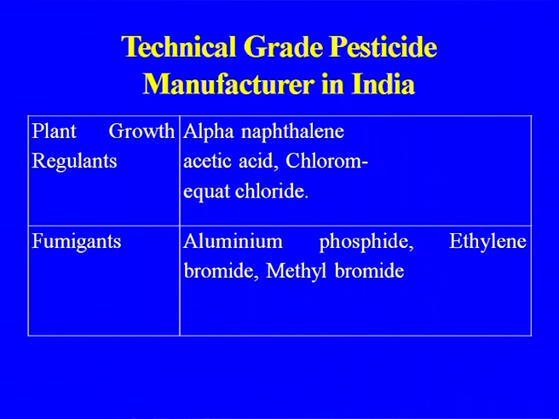Plant growth regulators, because just like we need different types of nutrients, similarly different requirements are also there in case of plant growth regulators. So alpha-naphthalene, acetic acid, chloromaquate chloride, fungiments, aluminum phosphide, ethylene bromide, methyl bromide.